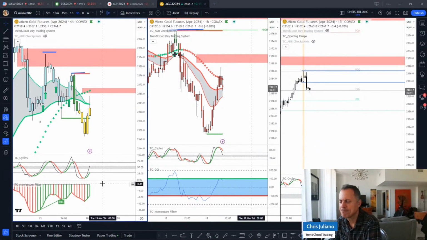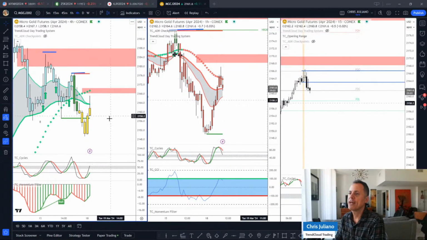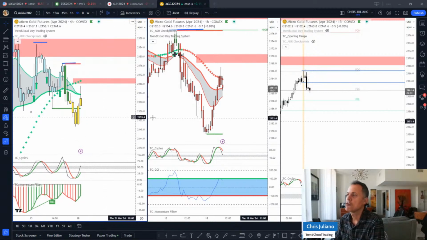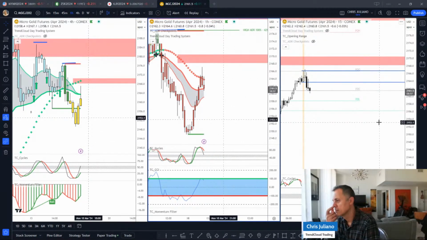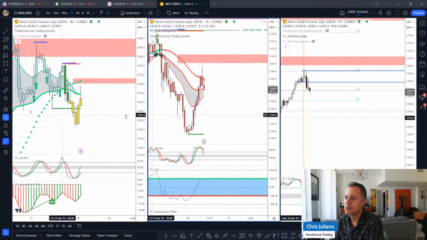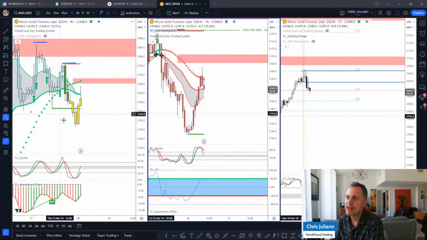Upward momentum. Mixed signals, right? But we've almost got the crossover here. We've almost got the crossover on that 4-hour chart. So, yeah. Okay. Again, I like that we're below the 50, and look at the trend cloud.